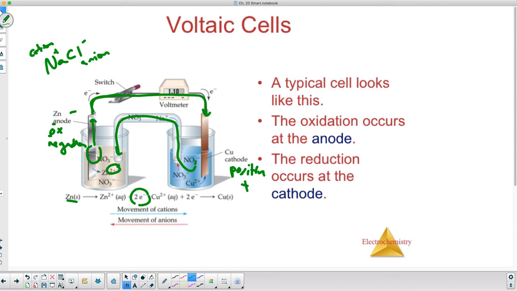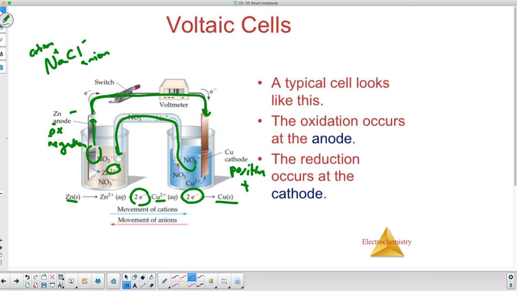But over here, when the electrons are coming to the cathode, this ends up being the positive side. The reason it's the positive side is because now we're getting the copper plus 2 gathering 2 electrons, and then we're getting copper metal.